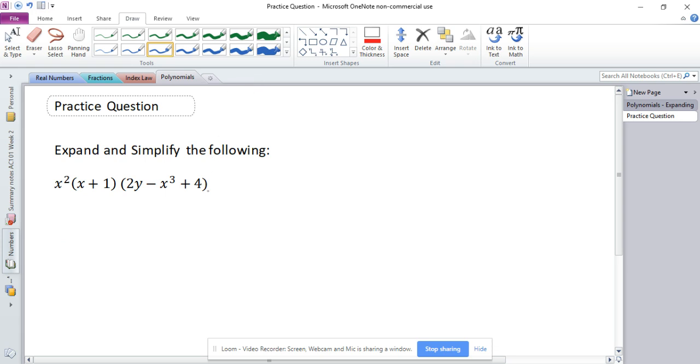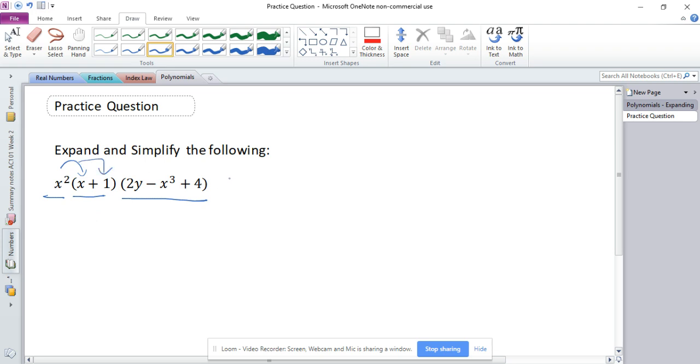Alright, so this looks a little bit complicated because it contains 3 big terms, the first, second, and third big term of big polynomials. So what should I do? There's no specific order, so I can do the x squared times the inside first.